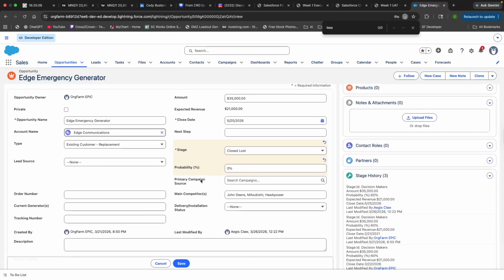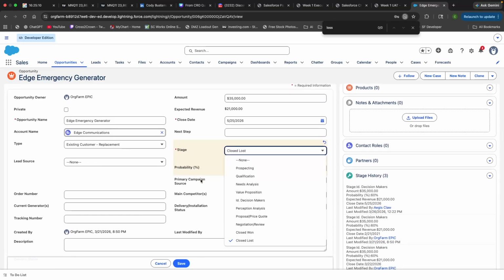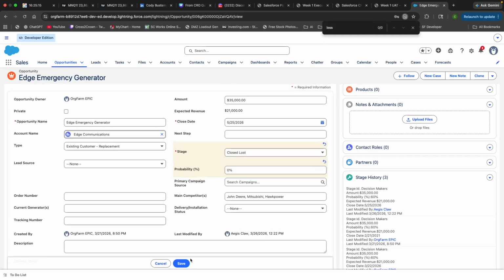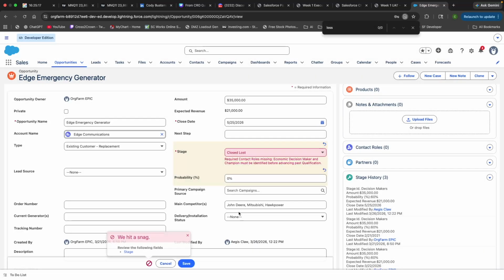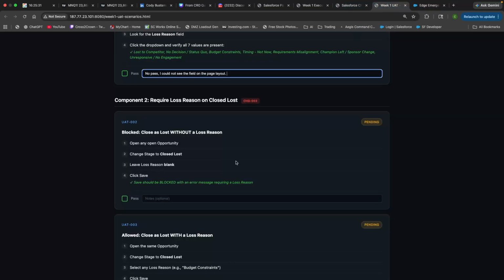And I still don't see a reason. Okay. Which means it shouldn't let me save this. Contact role missing. Okay, so I need to add a contact. So let's just add, let me see if that's in the UAT.